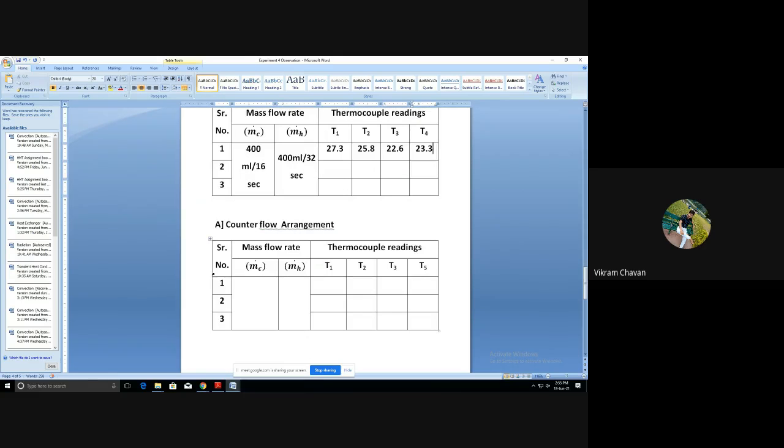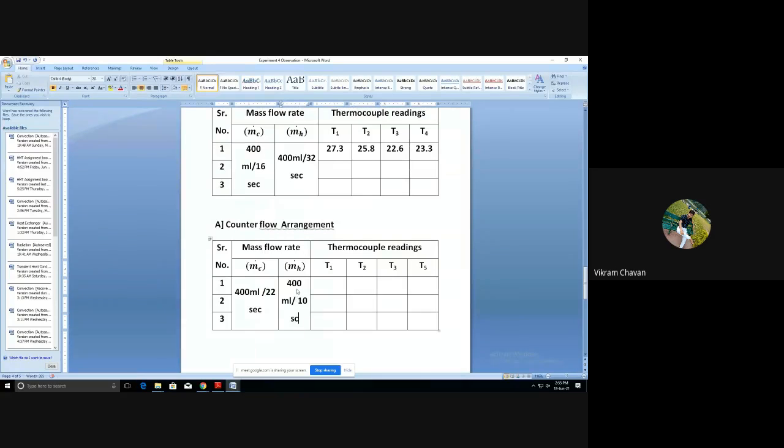The next, counter flow reading. Please tell me the counter flow reading. Mass flow rate: cold fluid 400 ml, 22 seconds. And hot fluid 400 ml in 10 seconds.